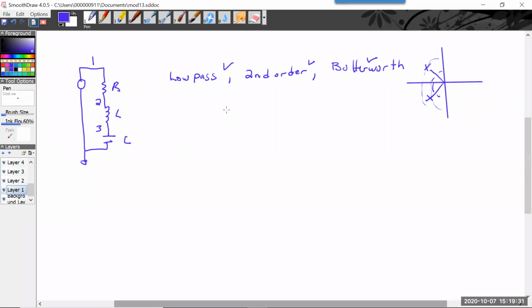It doesn't print it out nicely, but it's going to give you a transfer function.